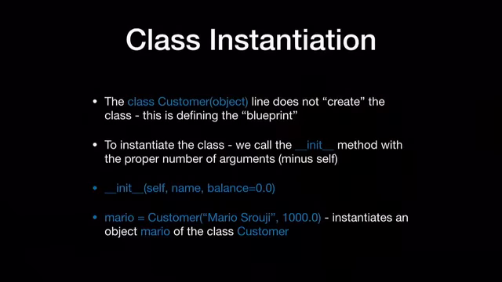When I say Mario equals customer of my name, comma, my starting balance, the variable name Mario is now set to the instantiation of this class. So whenever I pass around Mario or use it, I'm referring to this exact instantiation. That's how we keep track. Good question. Any other questions?